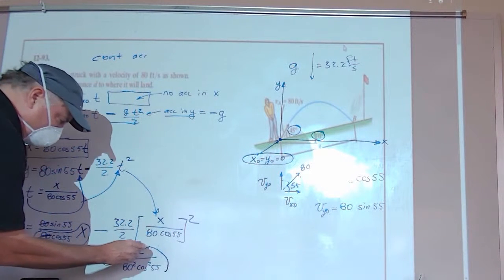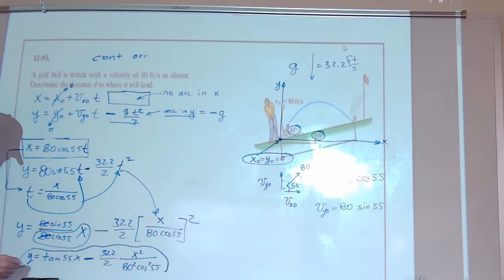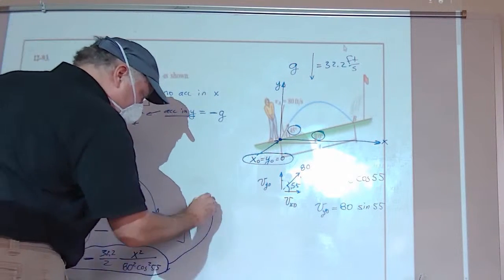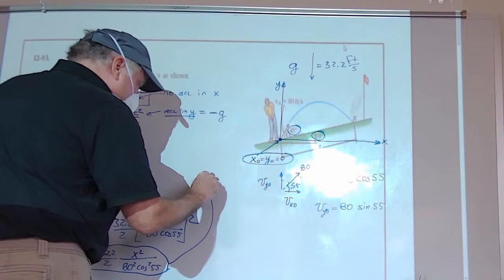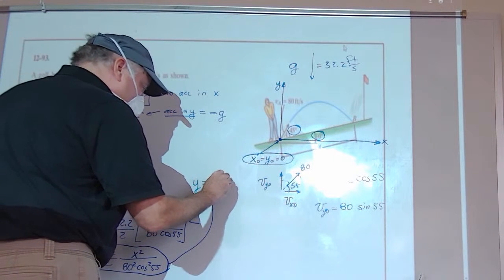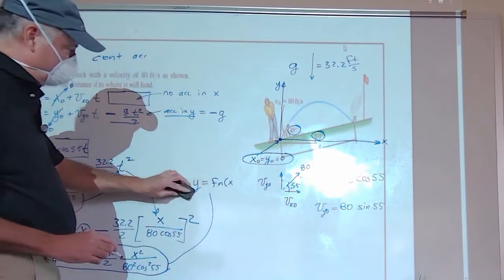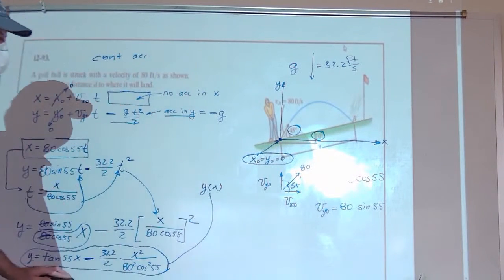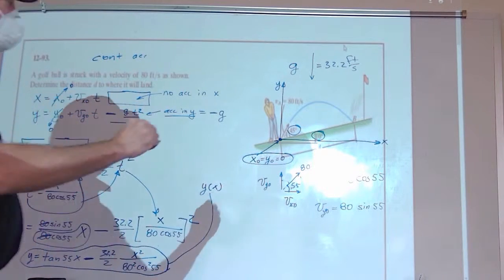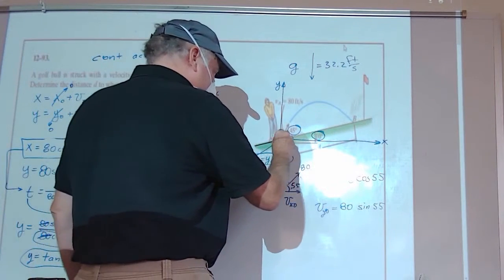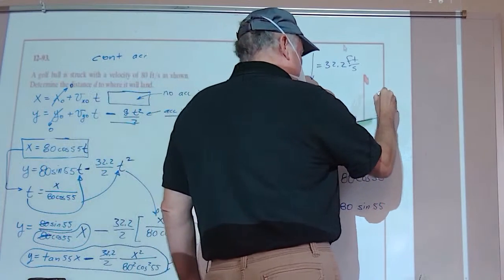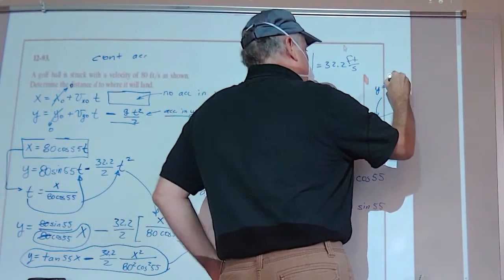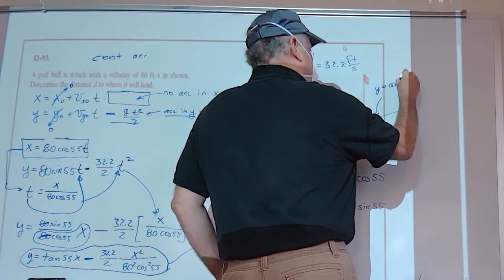So what you have here is no longer a parametric equation. What you have is an equation that says y is equal to a function of x, or more commonly written that way. So now what you're trying to do, try to write the equation of this line. Y is equal to ax plus b.